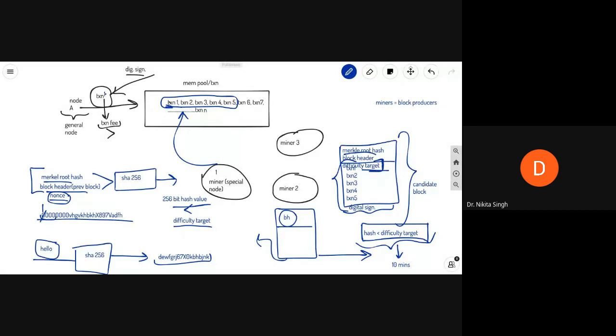Every participant will propagate this block and verify the digital signature and the difficulty target. Once this has been verified, you are allowed to add the block to the blockchain. So this is the proof of work concept that is used.